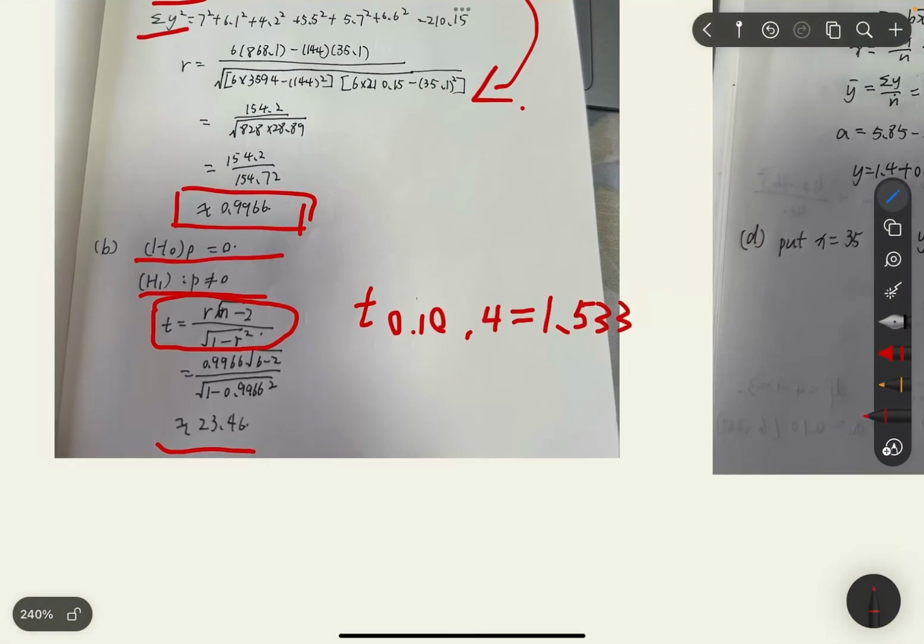Okay, the decision: since t equal to 23.46 is much greater than the critical value 1.533, we reject the null hypothesis.